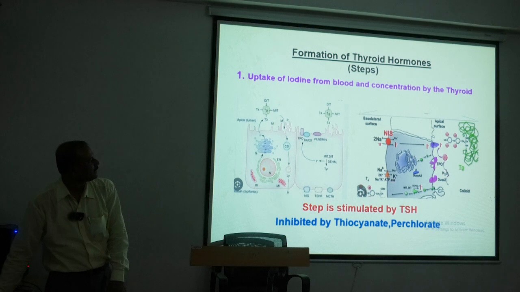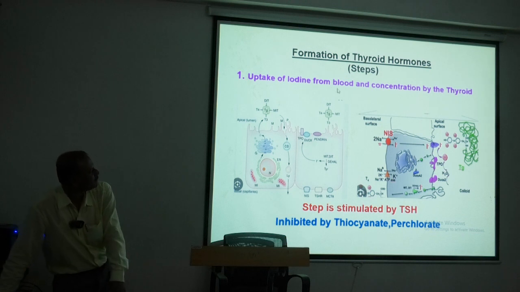Now the iodine we take is taken up from the blood and concentrated by the thyroid. This step is stimulated by TSH. At the basolateral membrane there is a TSH receptor. TSH comes from the pituitary, binds to the TSH receptor and activates it, and because of that activation the iodine is taken up by the thyroid acinar cell and incorporated.